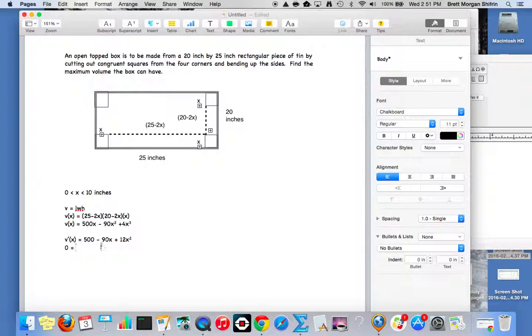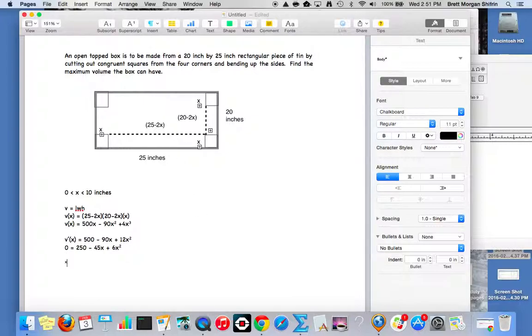Looking at this, I know that everything's divisible by 2, so I can rewrite it as 250 minus 45x plus 6x squared. It'd be really nice if this factored.